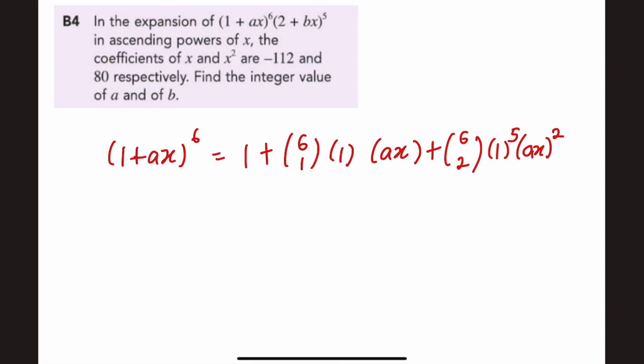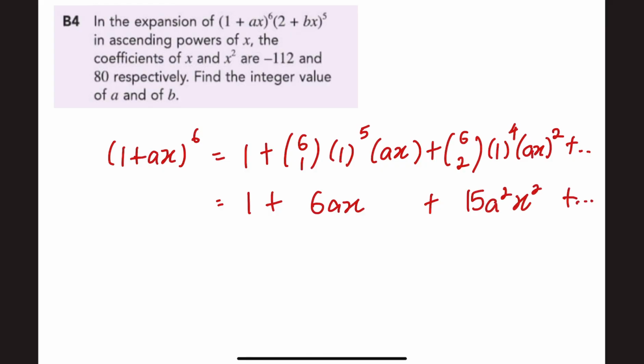Sorry, this one should be squared. Oops, this is 4. Okay, then plus dot dot dot. So therefore I simplify this is simply 1 plus 6ax plus 15a square x square plus dot dot dot.